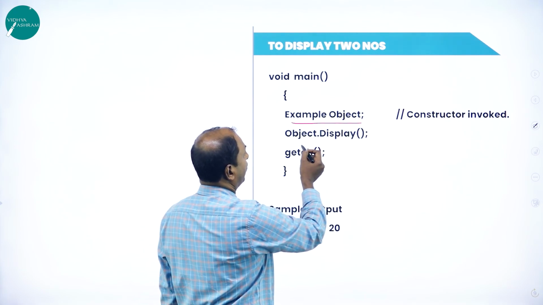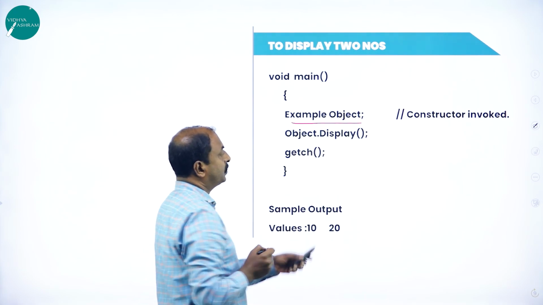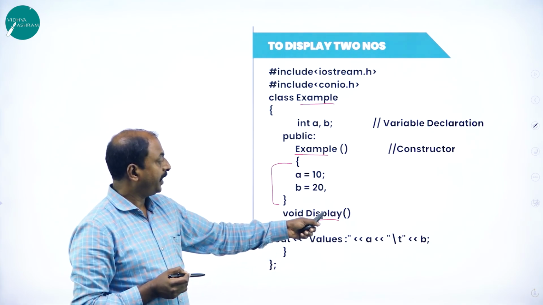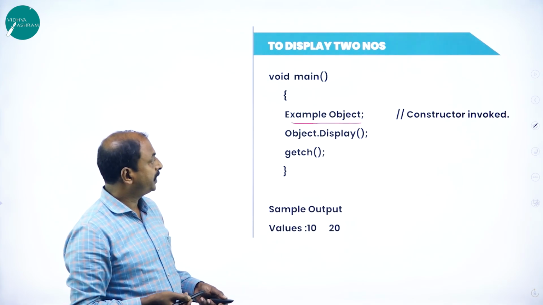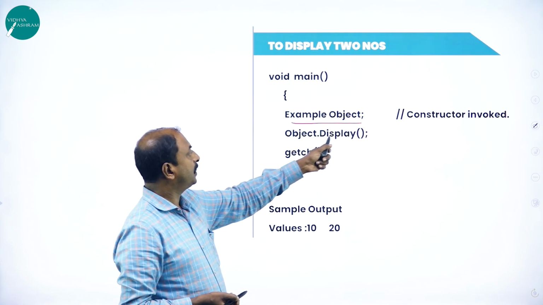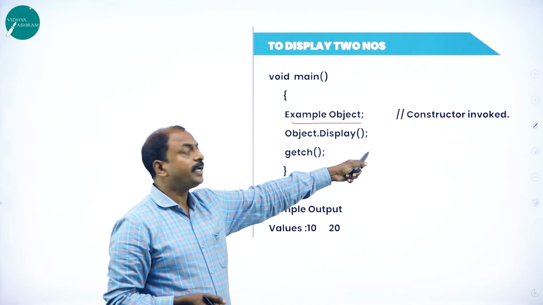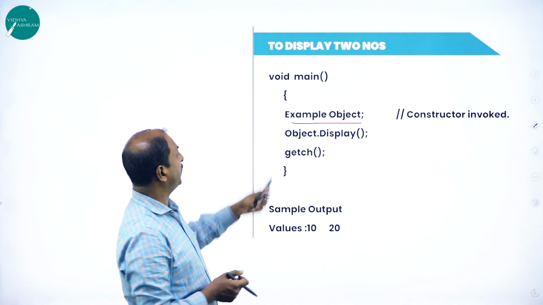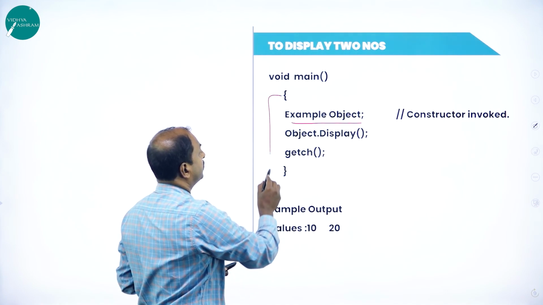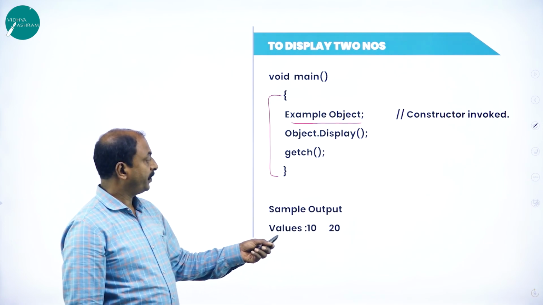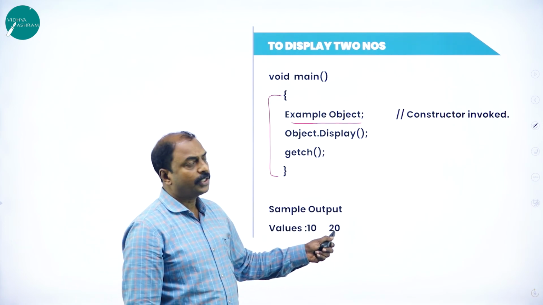After that, next we have to call the function display, which we have defined here. So we have to call that function: object dot display. Here we are invoking a function. Then getch, close the bracket. So we are closing the void main function. Now what would be the result of this? We'll get the values 10 and 20.